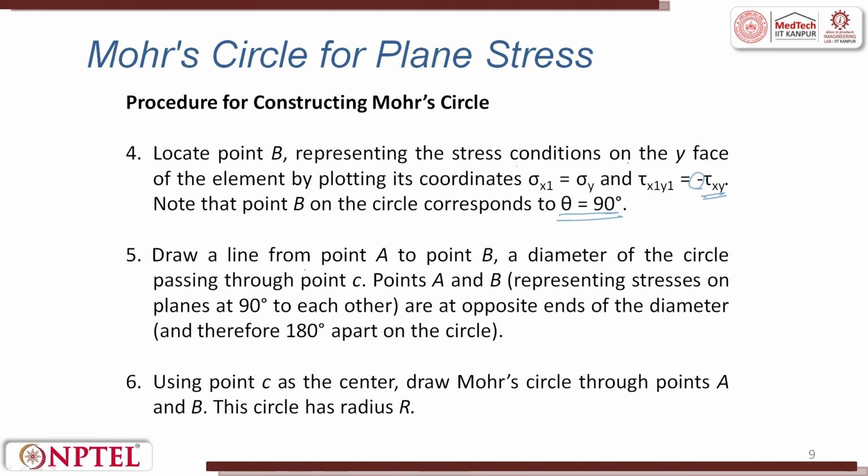Then draw a line from point A to point B, a diameter of the circle passing through the point C. Points A and B are at opposite ends of the diameter. So, points A and B, which represent the stress on planes at 90 degrees to each other, are at opposite ends of the diameter, therefore 180 degrees apart on the circle. Using point C as the center, draw a Mohr circle through points A and B. The circle has a radius of R.